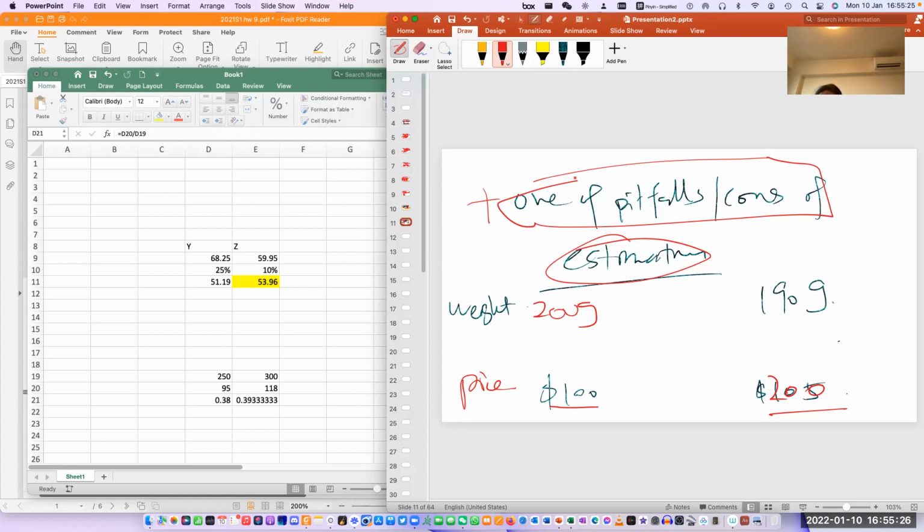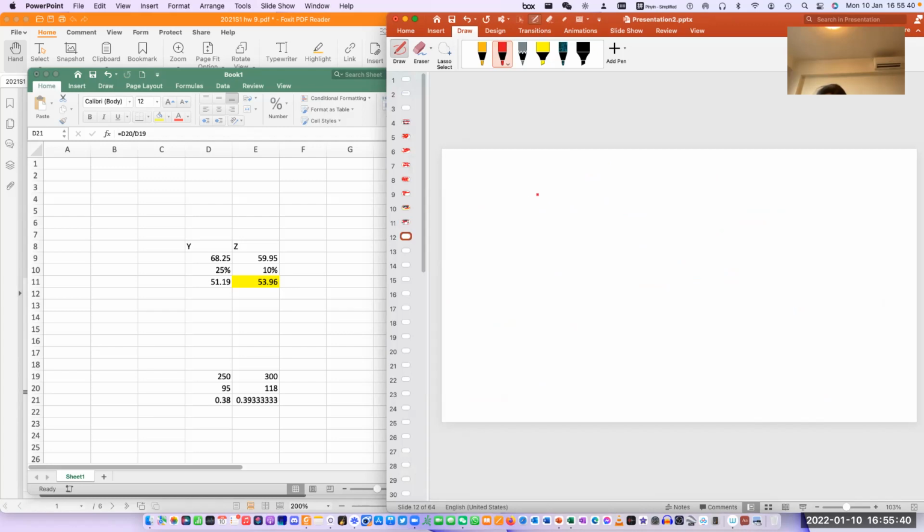Of course we want an accurate estimate. But estimation means what? Not accurate enough. The word estimate is for you to guess to the best of your ability.